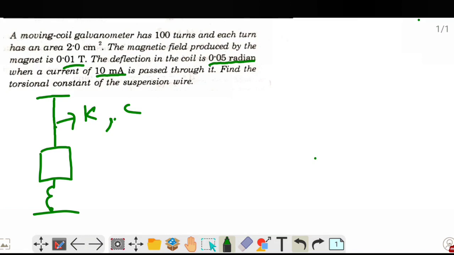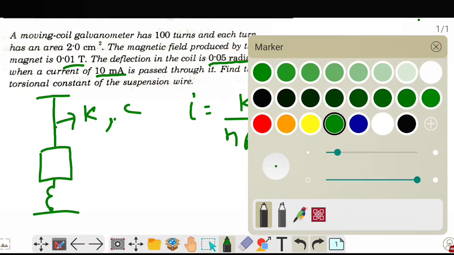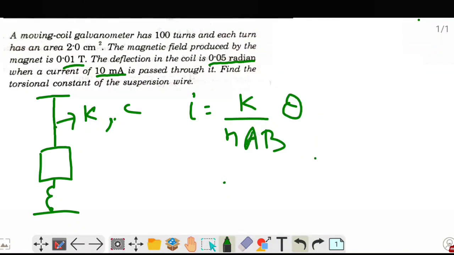Now we know that for a moving coil galvanometer we have this relation I equals K by NAB times theta, where K is the torsional constant, N is the number of turns, A is the area of the coil, B is the strength of the magnetic field, theta is the twist or the deflection in the galvanometer, I is the current flowing in the galvanometer.